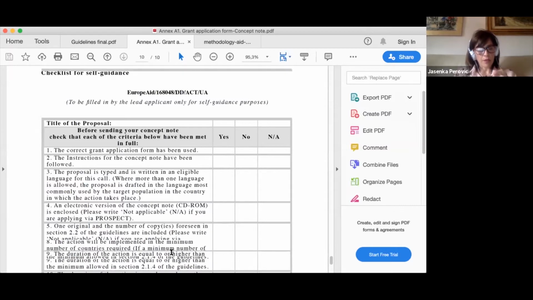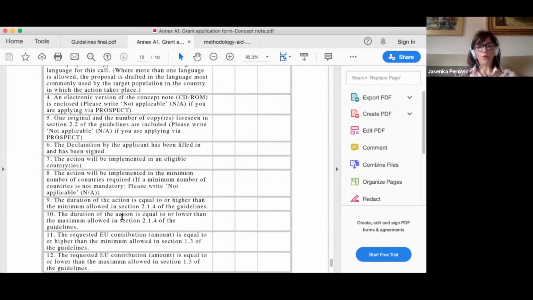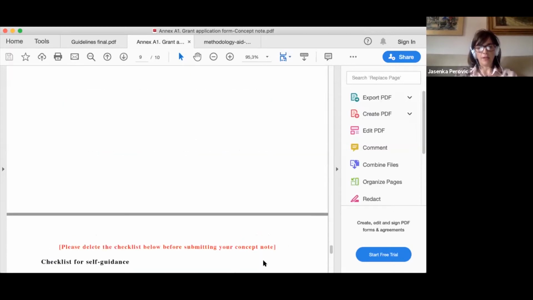If, for example, some of the elements were not required by this call for proposal, or are not written in the guidelines for applicants, you write not applicable, N/A. Of course, this part and the instruction, as it is written here in red font, should be deleted once you have finished writing your concept note and are ready to submit it via PROSPECT.